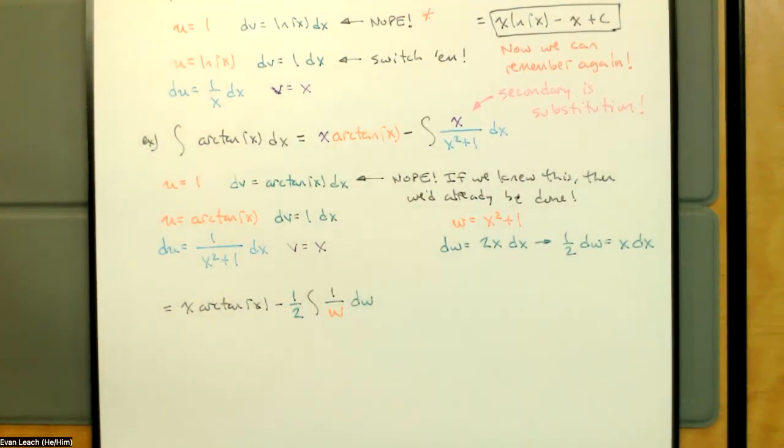So now we have to integrate 1 over w. Since the derivative of natural log of w is 1 over w, the integral of 1 over w is natural log of w.